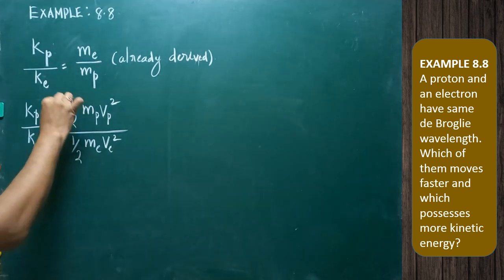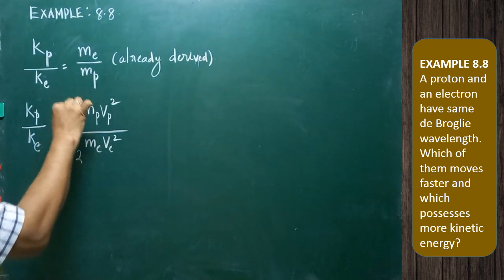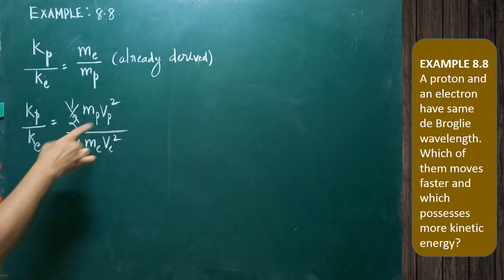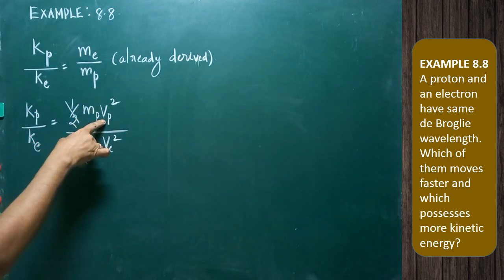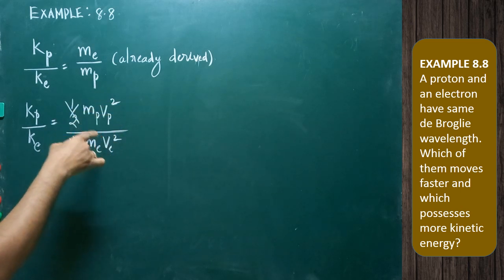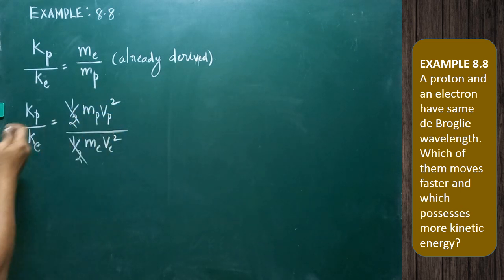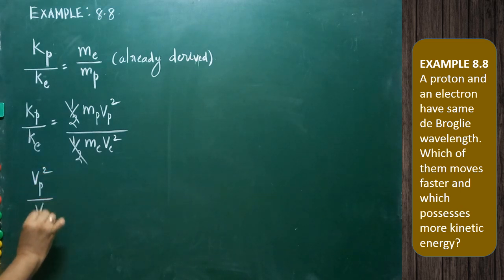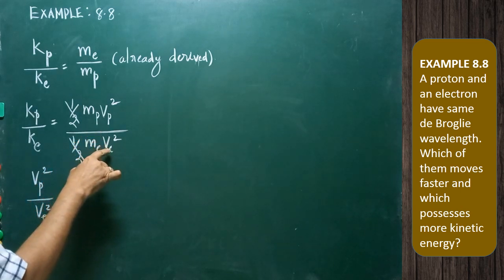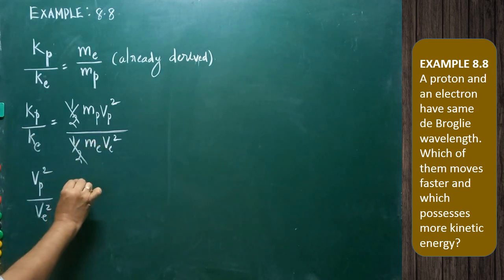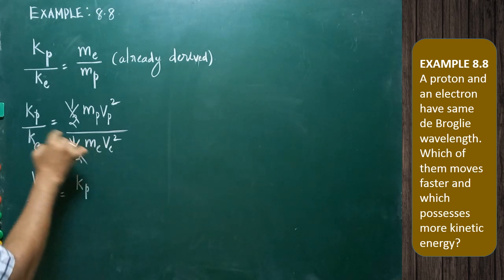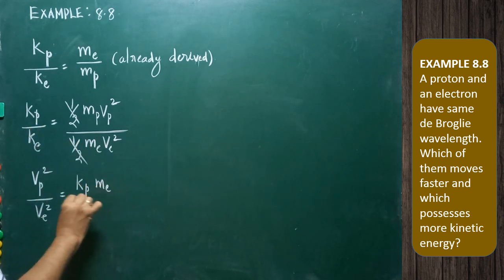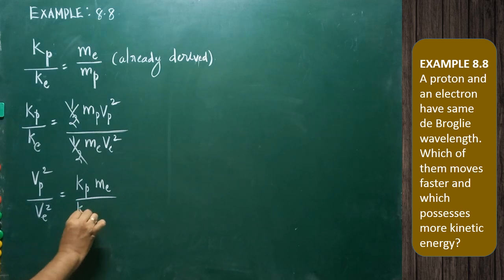Now we have to cancel the common factors. After cancelling these, what will you get? This is the final expression. Now in this factor we have to compare the velocity, so keep the velocity factor on one side. Vp square divided by Ve square is equal to, cross multiply, Kp into Me divided by Ke, and this Mp will come down.